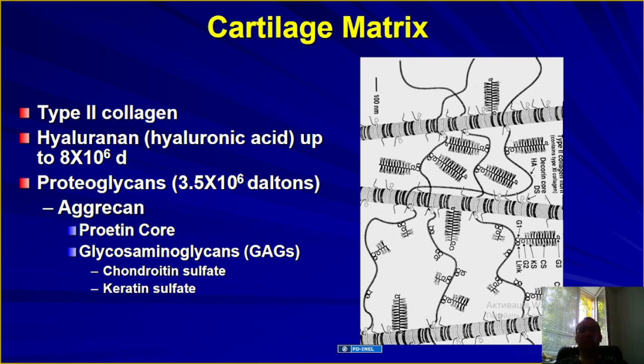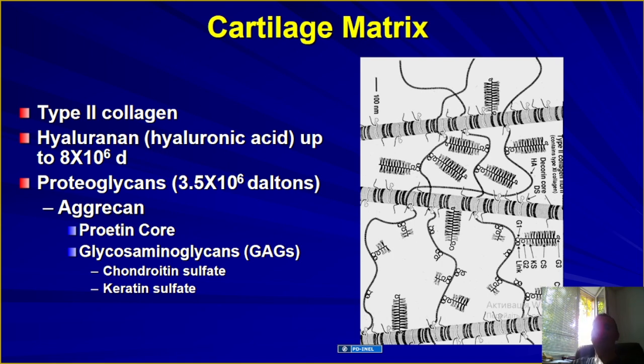As you remember, there are a lot of different types of collagen, but in hyaline or joint cartilage, type 2 collagen is prevalent. What you should remember is that the half-life of the second type of collagen in people is about 100 years.